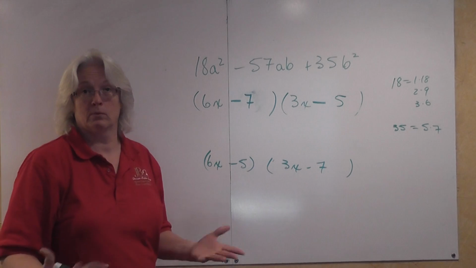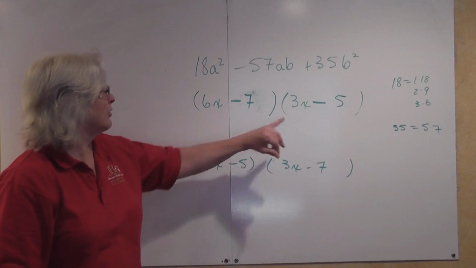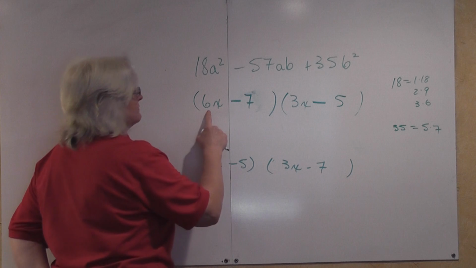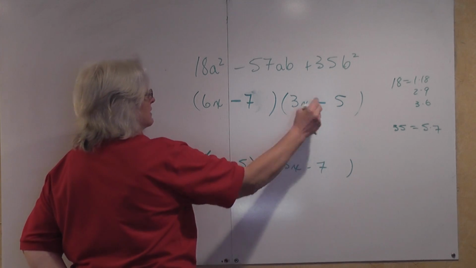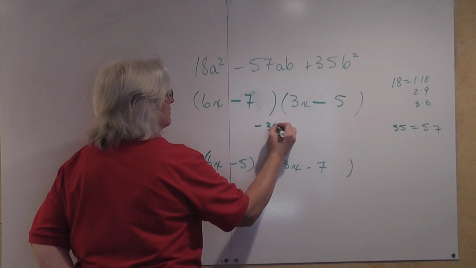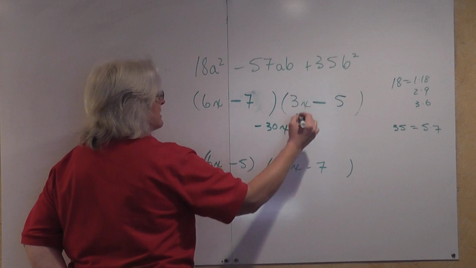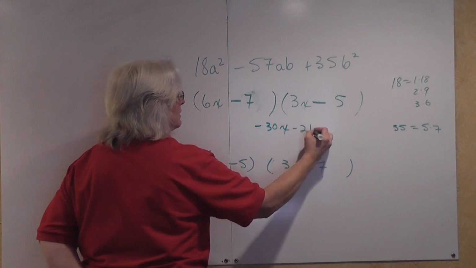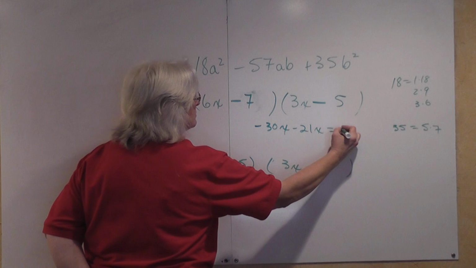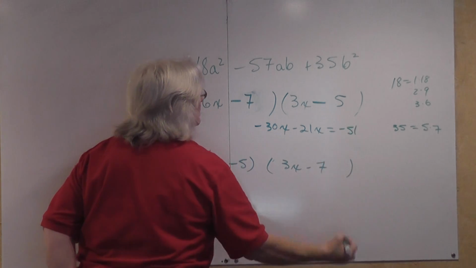How are we going to know? What do we do next? Well, we take our outer product, positive 6 times negative 5, negative 30x, negative 7 times 3x, negative 21x is equal to a negative 51.